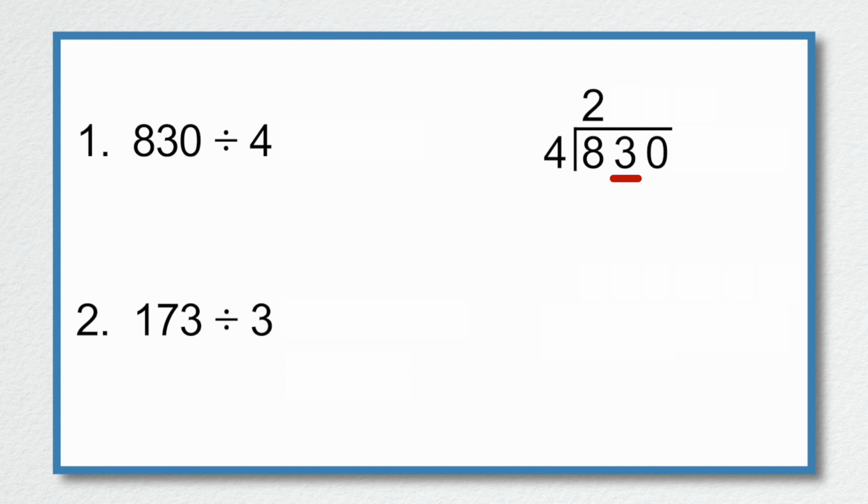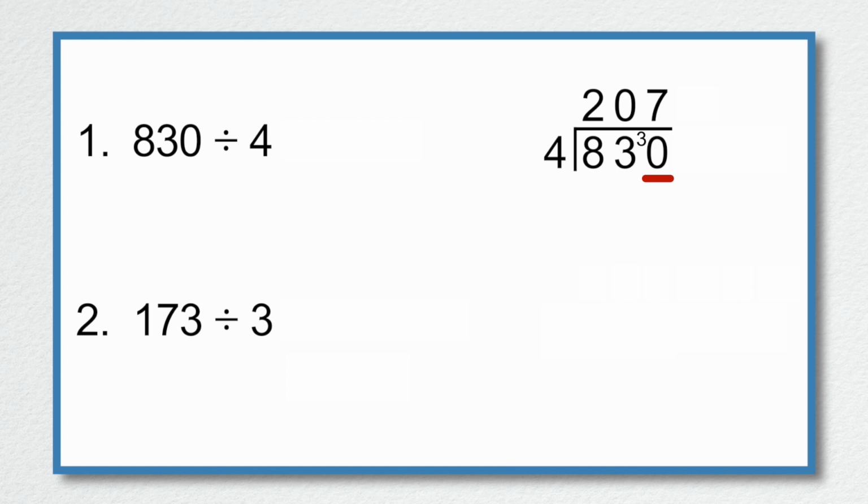Well, 3 divided by 4 is equal to 0 with a remainder of 3. 3 is less than 4. We now have 30 divided by 4. Well, 4 goes into 30 7 times with a remainder of 2, because 7 4s are 28. So we now have to deal with this remainder.